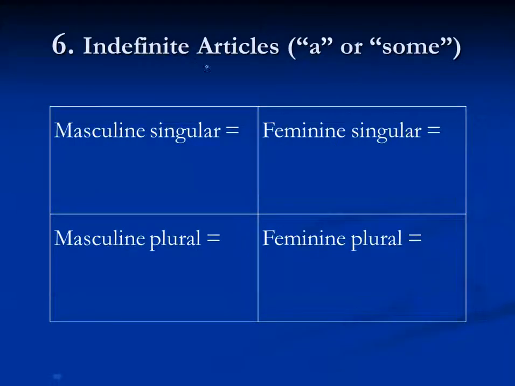So indefinite articles, a or some. For masculine, we have un. For masculine plural, we're going to say unos. For feminine singular, una. Feminine plural, unas.